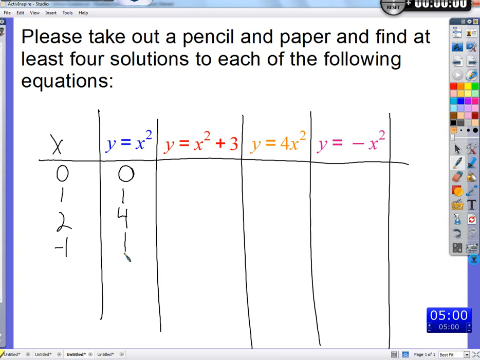No, you square a number, it's either positive times positive or negative times negative, and either way that's positive. What about -2? Positive 4. -2 times -2 is +4.